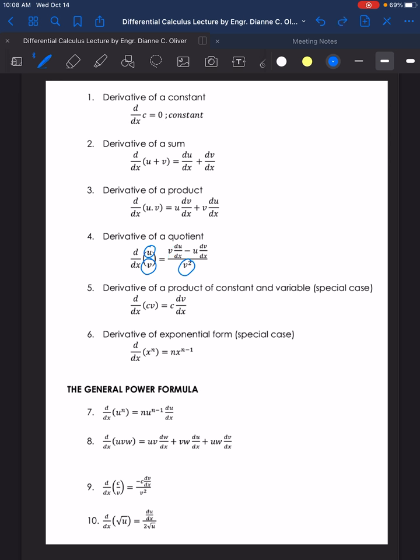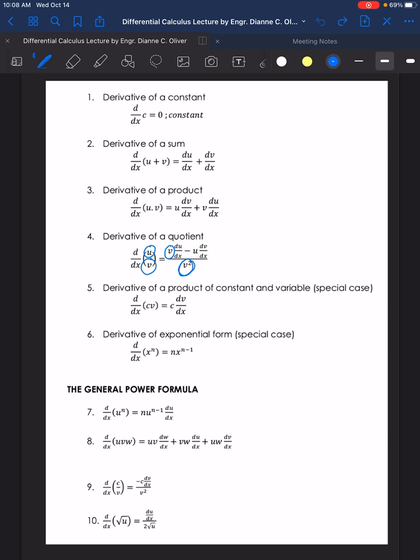So, if you see the pattern, we have there square the denominator, copy the denominator, derive the numerator, and then separate with a minus sign. Okay? Then, you copy the numerator and then derive the denominator. So, it will need some getting used to.